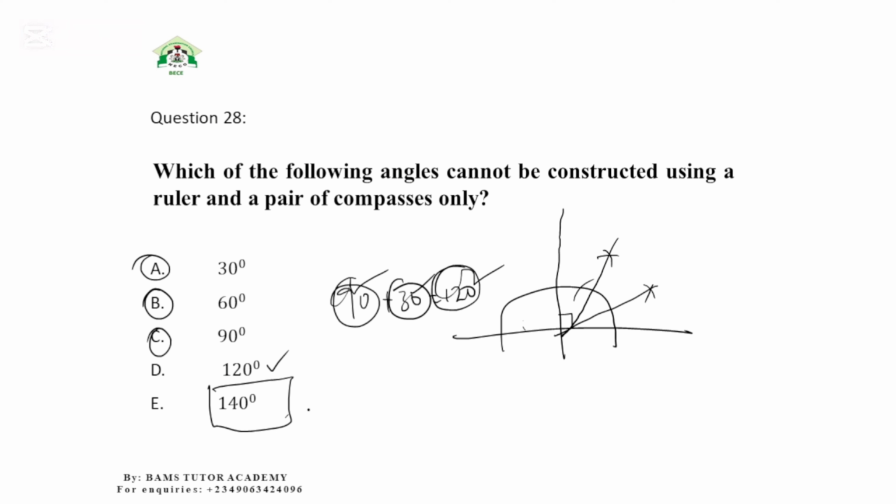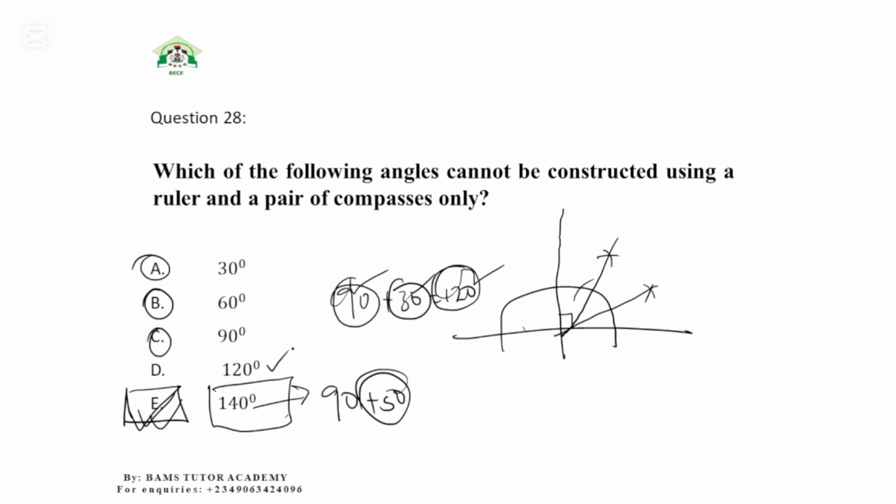But what can I add to do this one? If I remove 30 from it, that's 30 plus 50, and I can't use compass to construct 50 degrees. So our answer here is option E. Basically, it cannot be constructed by compass only, right? So that's just how to get it done.